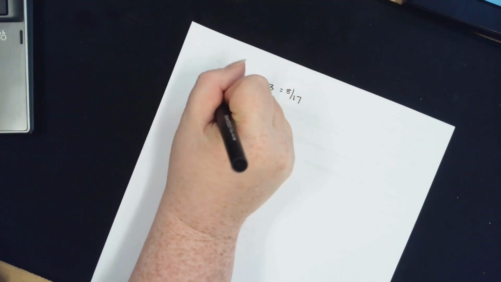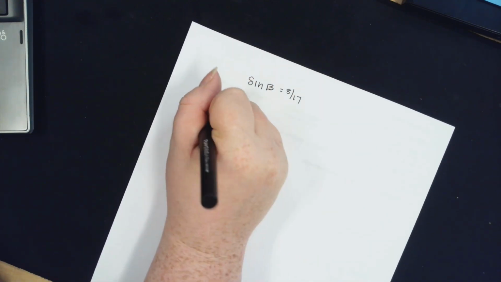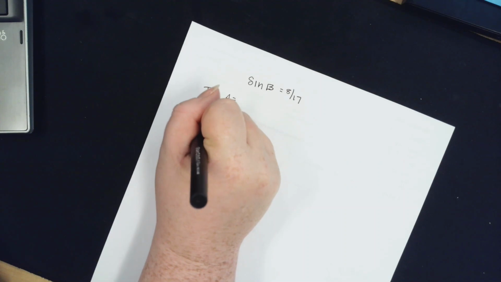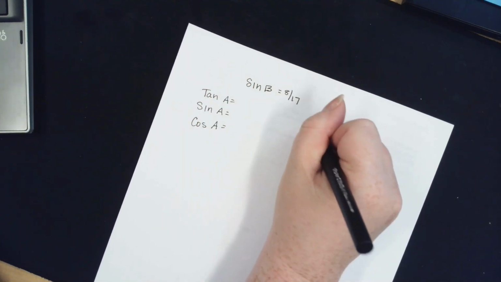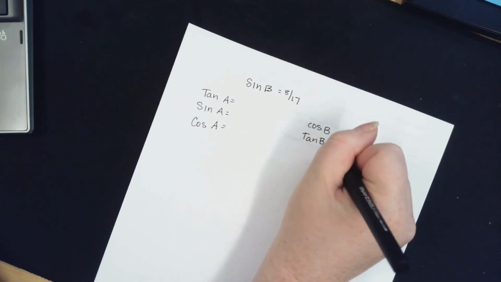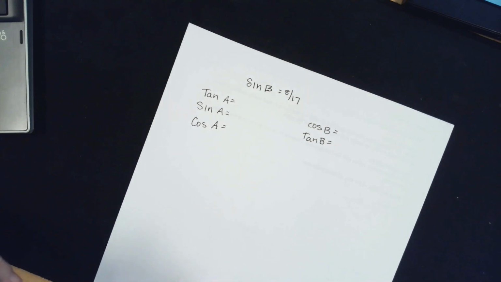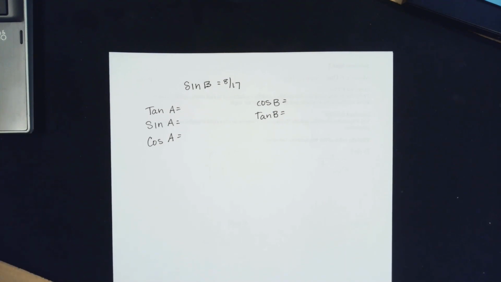We want to find tangent of A, sine of A, cosine of A, cosine of B, and tangent of B. The first thing we're going to have to do is figure out what our triangle looks like. So let's draw our triangle.